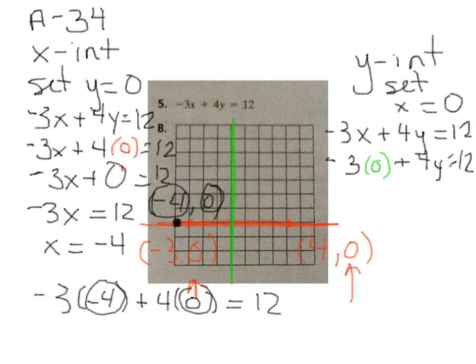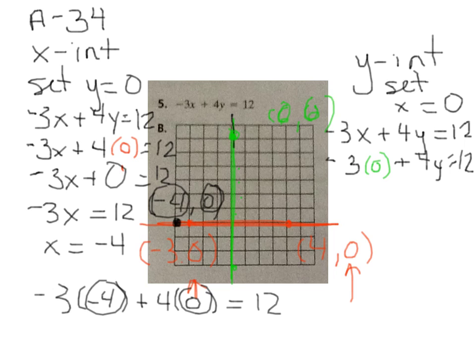Now I'm going to do the same thing, except this time I'm going to solve this equation for y. So once again, any point on this line right here is going to give me, if I choose this point way up here, the coordinates for that point are 0, 6.